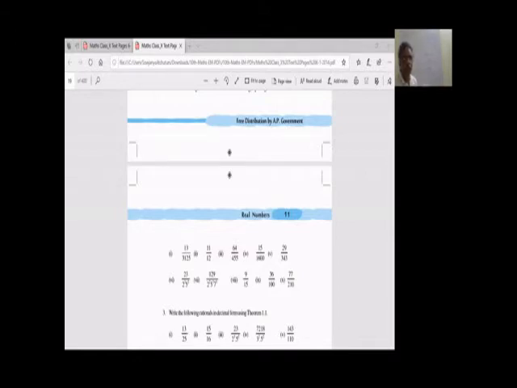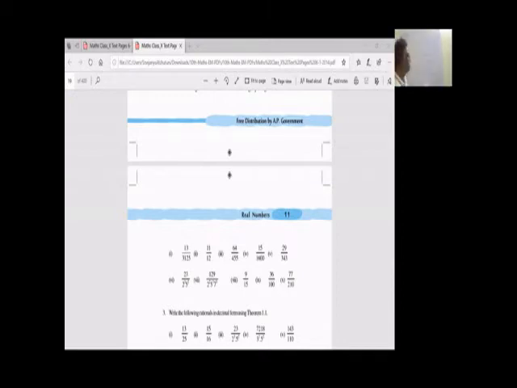Proof of irrational number. How to prove that root 2 cannot be expressed in terms of p by q, or root 3, or root 7, or root 11, all prime numbers whose roots are not perfect squares, cannot be represented in the form of p by q. How can we prove that?